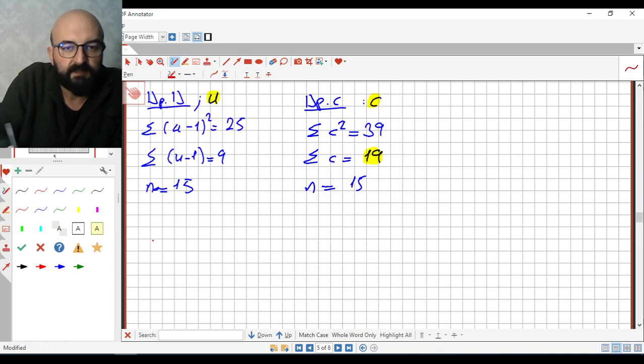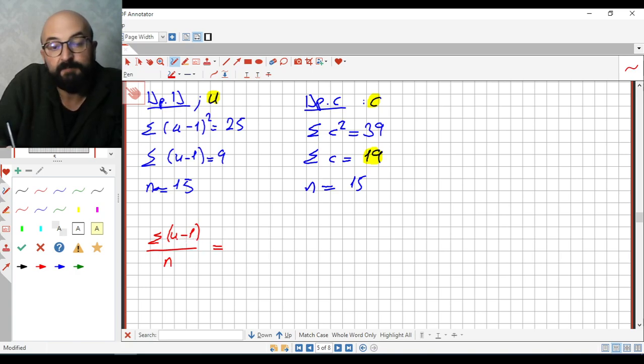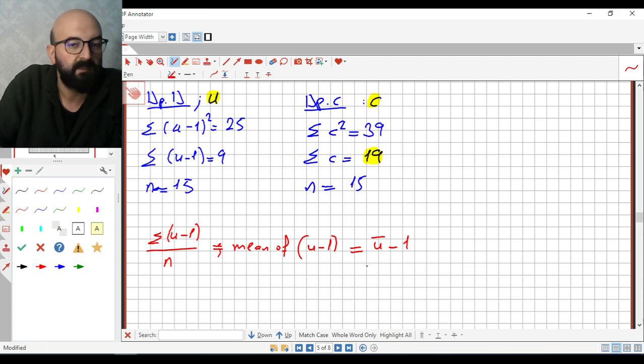If I write the sum of (U minus 1) over n, it means the mean of U minus 1. So 9 over 15 is the mean of U minus 1.